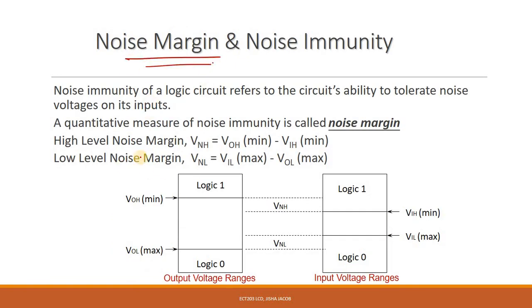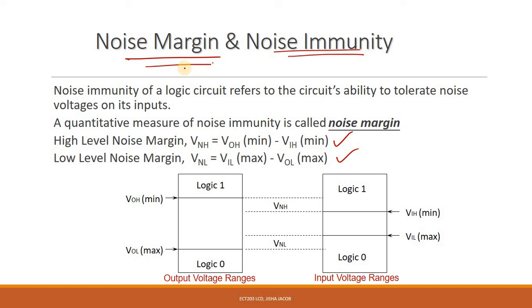Noise margin is a quantitative measure because you can have a specific value for noise margin high and noise margin low. From the specific value, the quality of having resistance or tolerance to noise is referred to as noise immunity.